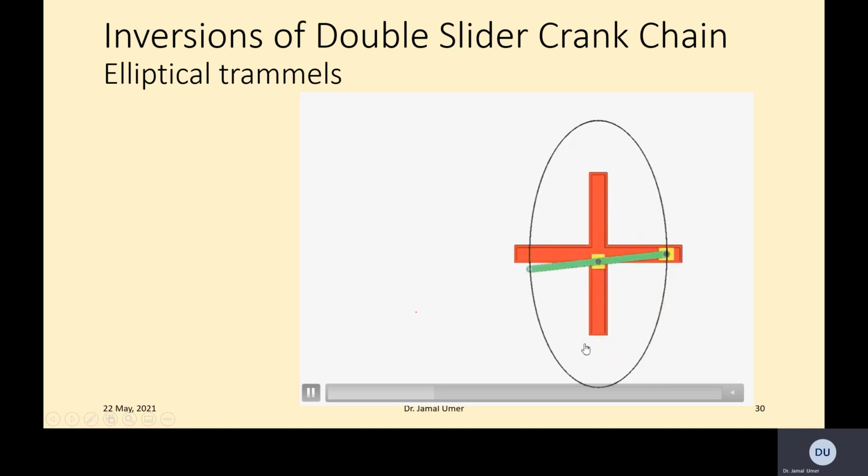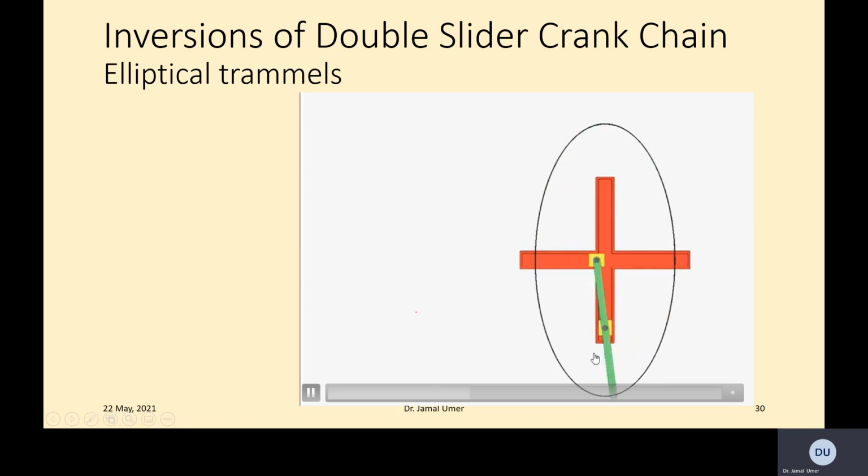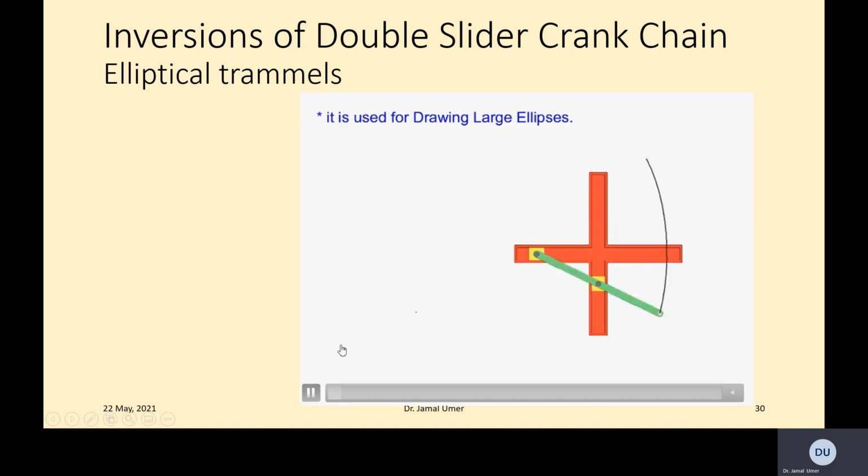You see, point P could be at any side. This shows the major axis, which is much larger this time. It is quite an interesting setup where the sliders have to move in their fixed positions. They are just moving in a straight line.